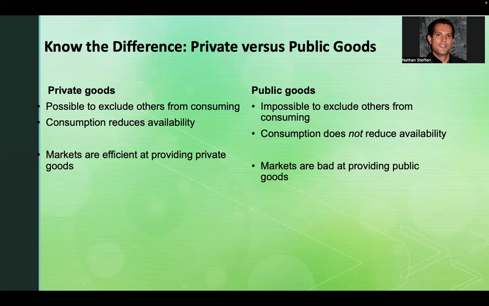Public goods, on the other hand, are non-excludable. It's not possible to prevent someone else from seeing your lighthouse and thereby successfully navigating around dangerous rocks. Fresh air could be an example of a public good as well. You can't hog all the fresh air in the United States, if that was a thing. Although Canada does sell bottled air to China, that is a real thing that takes place.